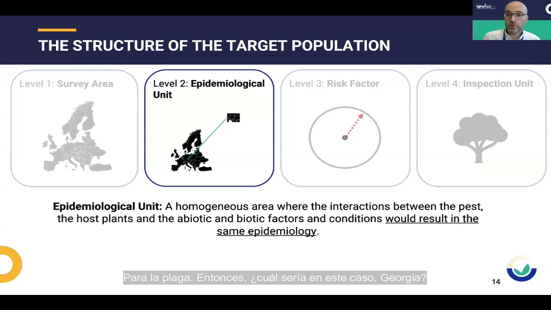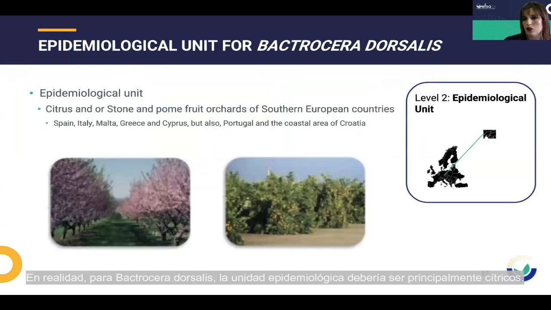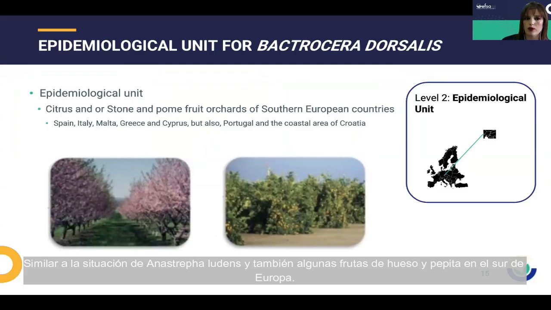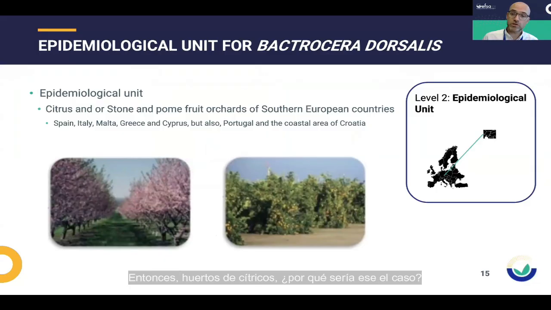So what would it be in this case, Georgia? Actually, for Bactrocera dorsalis, the epidemiological unit should be mainly citrus, similar to the Anastrepha ludens situation, and also some stone and palm fruit orchards in southern Europe, but mainly citrus. So why would that be the case?